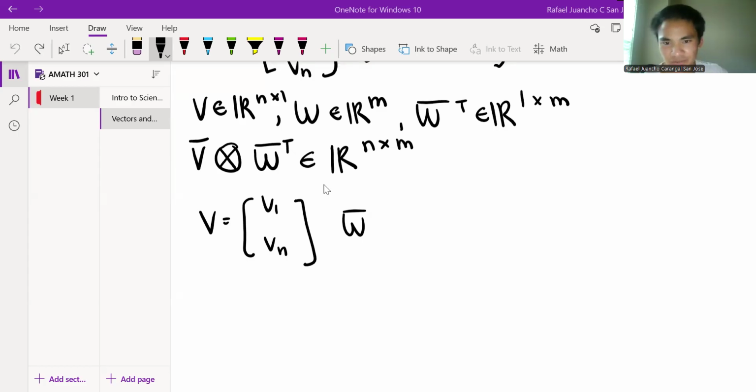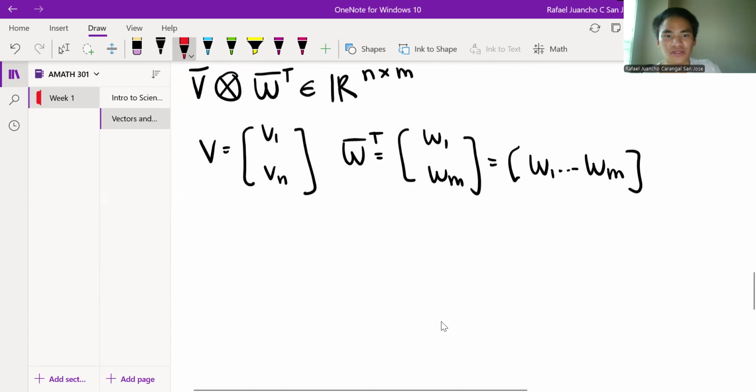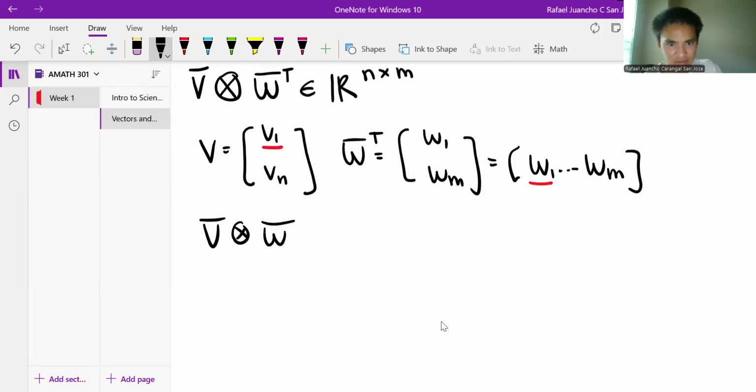Yeah. So if we transpose this, we have W1 all the way to WM, which will now be a row. And what's going to happen here is I'm going to look at this thing, and then I'm looking at that thing. So actually the cross product of this thing, but here it's the one that's transposed, it's going to be an N by M matrix. This is going to be V1, W1. Right? And I'm going to continue.